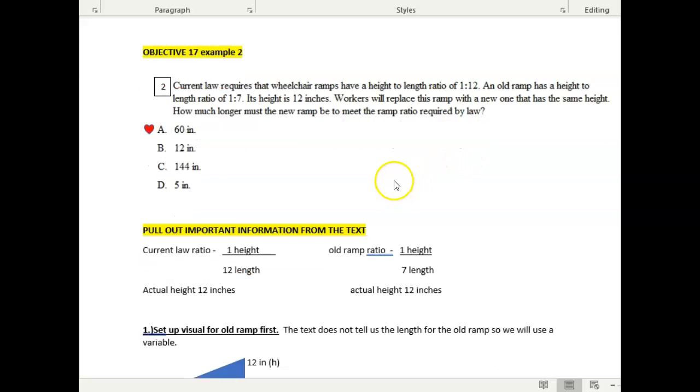Now, we need to pull out some important information from the text. So when we look at this, we're going to look at the current law. And the current law says that there is a height to length ratio of 1 to 12.